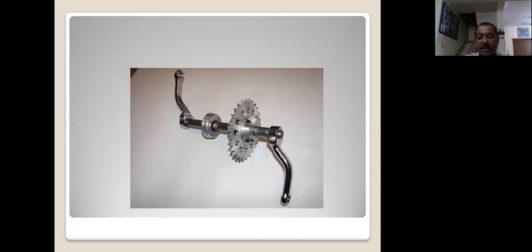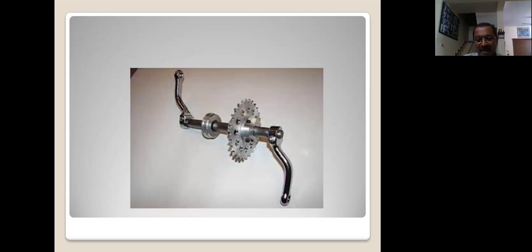Some portions are where you rest your leg, that is not shown here, but this is the construction of your cycle pedal. Your cycle is a part of a heat engine. A running cycle is a part of a heat engine, and the heat engine driving this crankshaft is actually you. Any biological system is a heat engine.